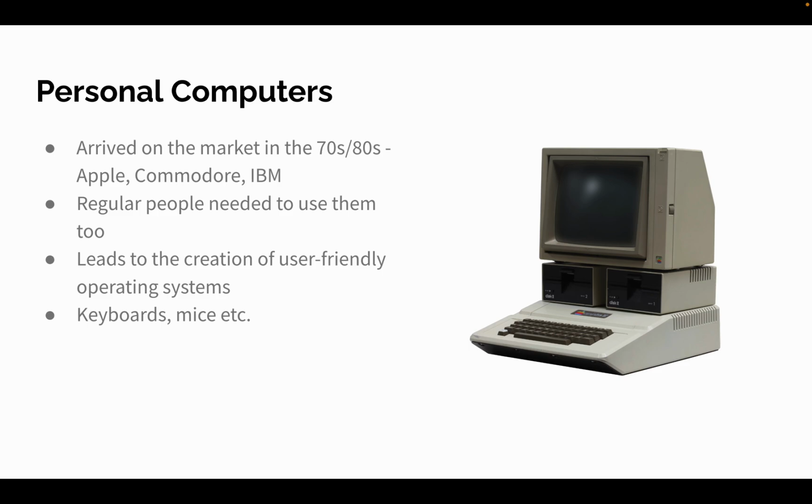You have operating systems like Windows, which was created in the 80s and is still in use today, because it allowed the everyday person who doesn't know how to code at all to use a computer. And then you have other devices such as keyboards and mice that allow people to easily interface and use a computer.